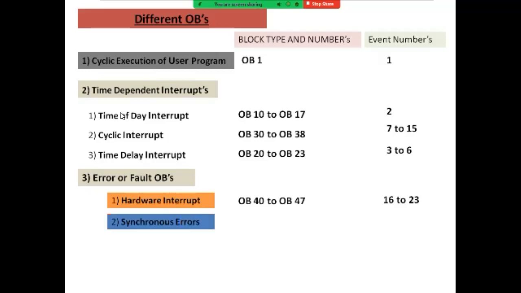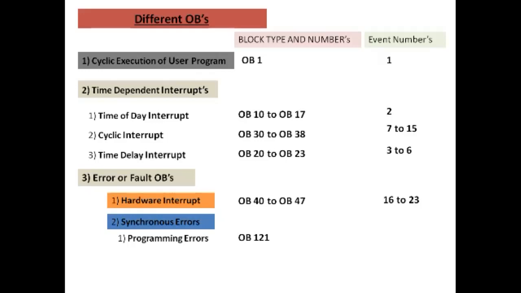Similarly, we have other OBs called synchronous errors. Synchronous errors mean errors while programming, if I'm making any mistakes in the program. For example, if I'm creating some FCs and FDs, and I'm calling these FCs in some blocks, but I have not downloaded those FCs, your CPU searches for that FC.